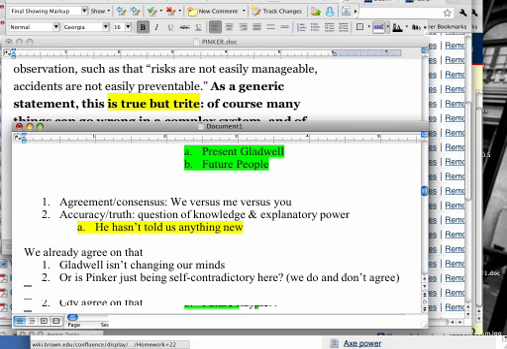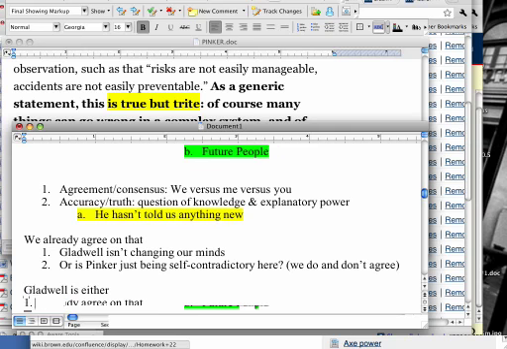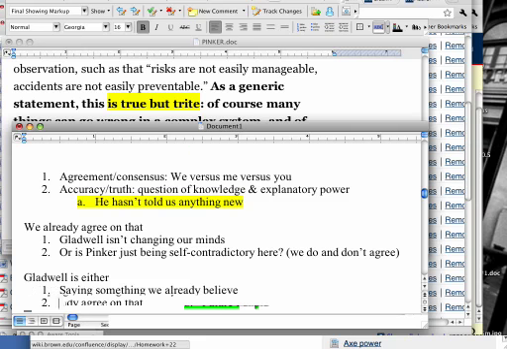So he's saying that Gladwell is either, one, saying something we already believe, or two, saying something we never believed. Right? I think he's saying that that's happening in both cases.